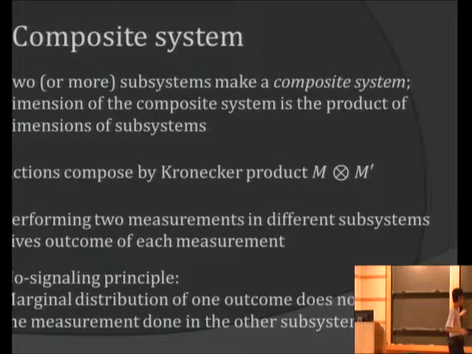And by very simple math, we can check that if we fix one measurement on one subsystem, and we do some other measurement on the other subsystem, and if we consider only the marginal distribution of the outcome of one subsystem, then this marginal distribution doesn't depend on what we do in the other subsystem.